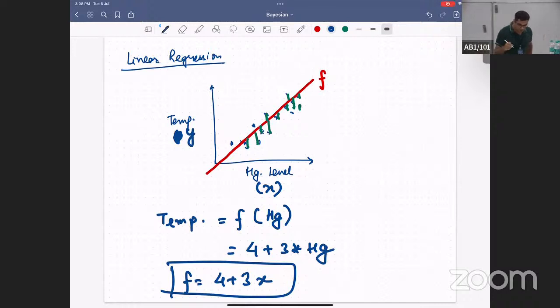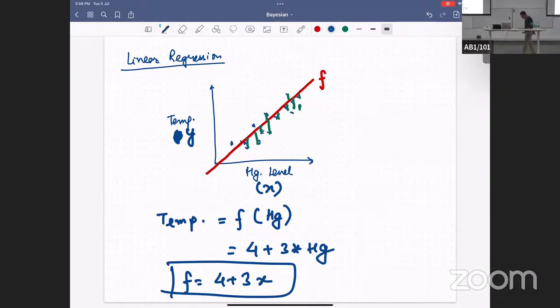Now, what do you think is the relationship between y and f? How are y and f related? Is y equal to f? Y is a function of f. What kind of a function? Okay, y is f plus some other function.